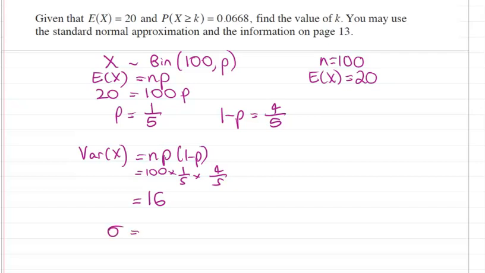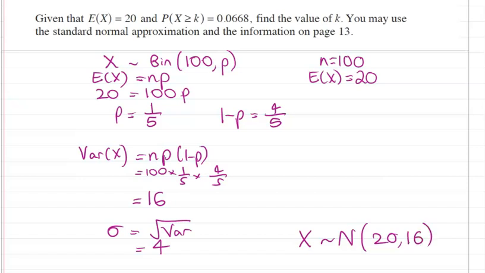Now the standard deviation is going to be the square root of the variance, so we get the standard deviation being 4. All right, so now we know that x is distributed normally with expected value of 20 and our variance is 16.